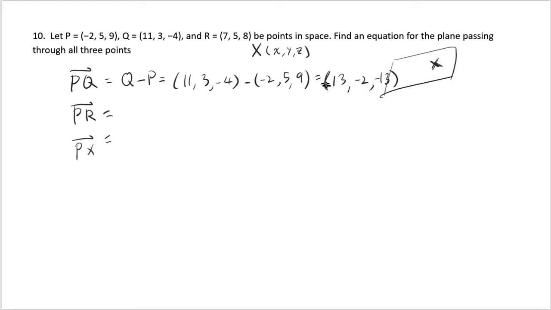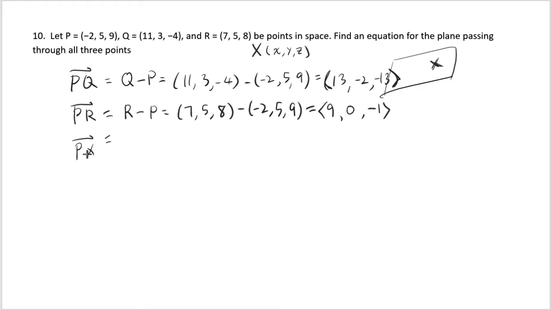Okay, so that's the PQ vector, (13, -2, -13). The PR vector will be R minus P. R is (7, 5, 8), and then I subtract the same (-2, 5, 9). And that gives you 9, 5 minus 5 is 0, and then 8 minus 9 is -1.